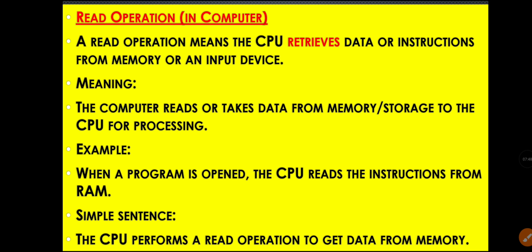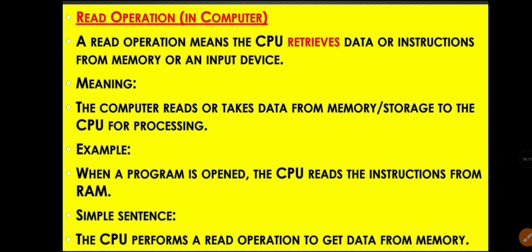So the computer reads or takes data from memory or from storage to the central processing unit for processing. We should understand that a read operation is nothing but recovering the data, or taking the data.